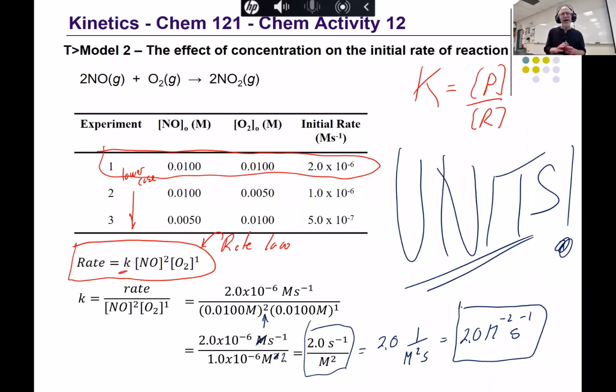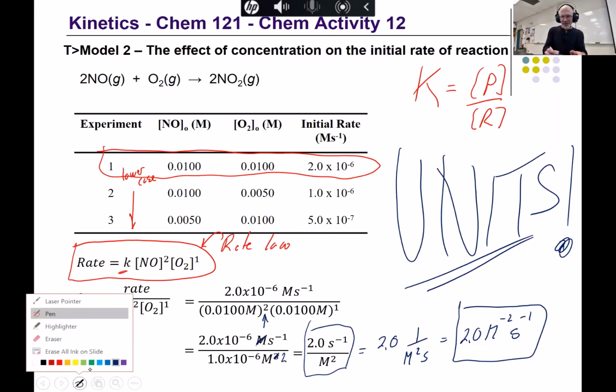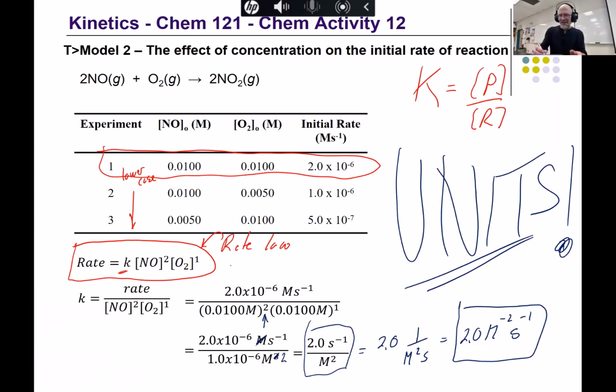So we have completed what we were asked to do, but often you're asked to do one more thing. And so again, hopefully you got a little bit more room. This won't take up a lot of space. You're often asked also to state the overall order.